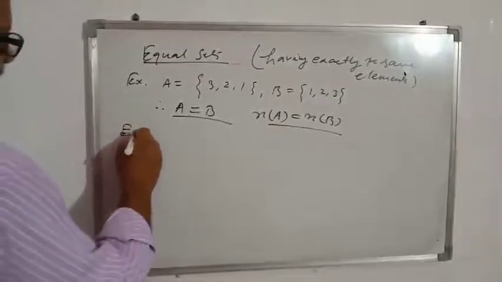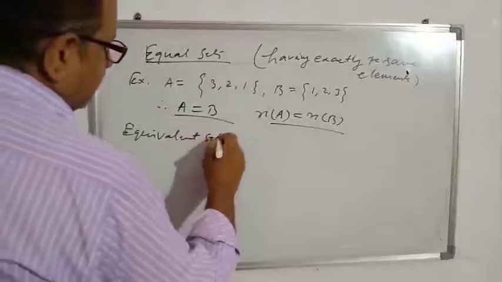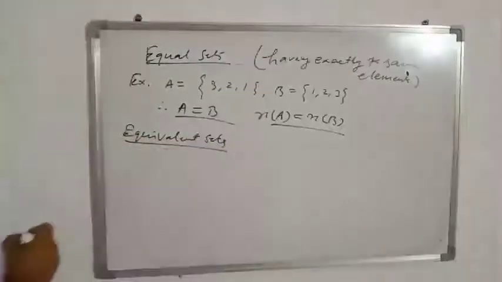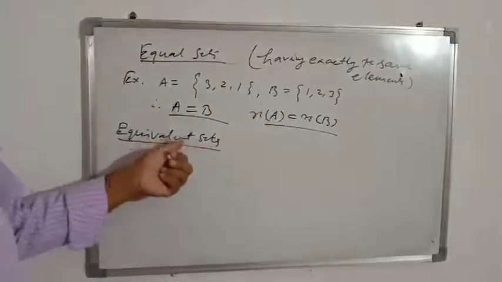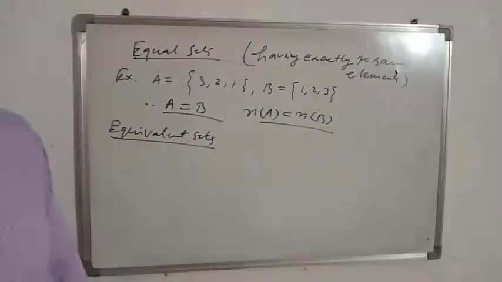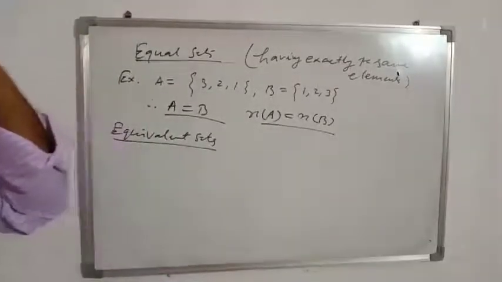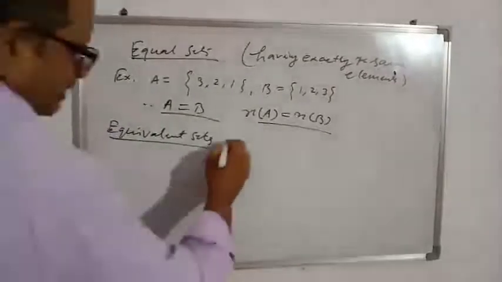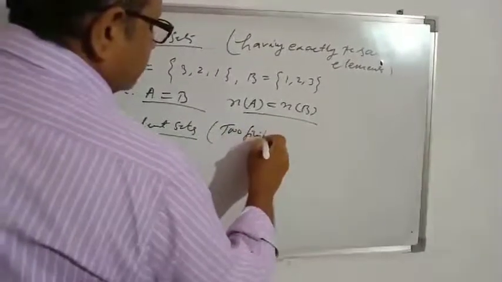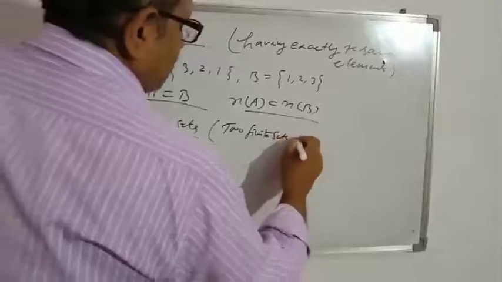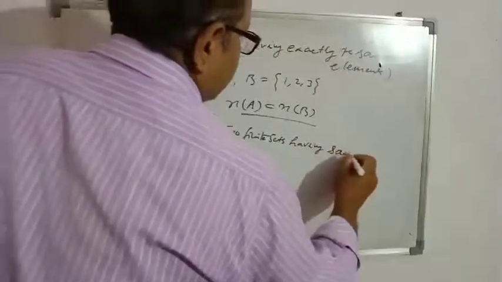Equivalent sets. Next, equivalent sets. Two finite sets A and B are said to be equivalent if they have the same number of elements, if they have the same cardinal number.